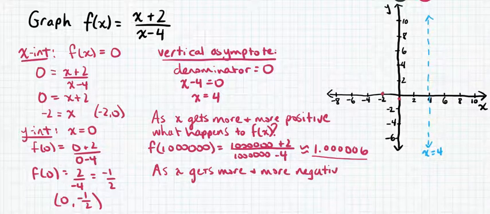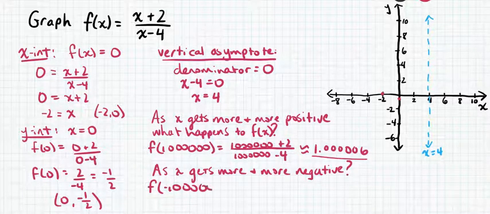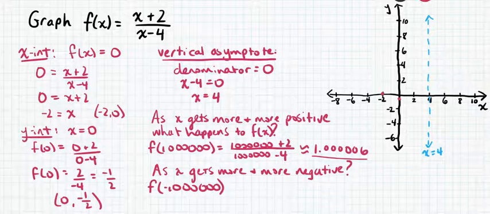so let's pick a really negative value. So let's say f of negative 1,000,000. It doesn't have to be a million or negative 1,000,000, just as long as it's sufficiently large or sufficiently negative enough to make sure that you can see where your function values are getting closer and closer to.